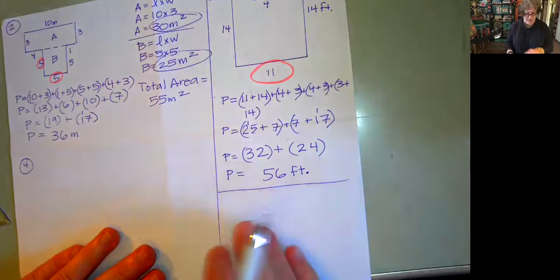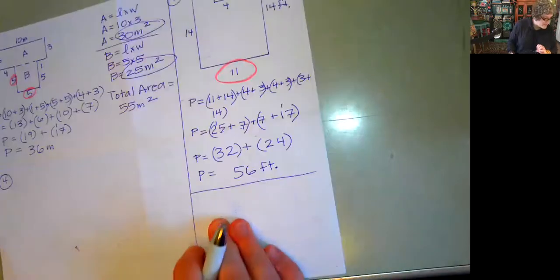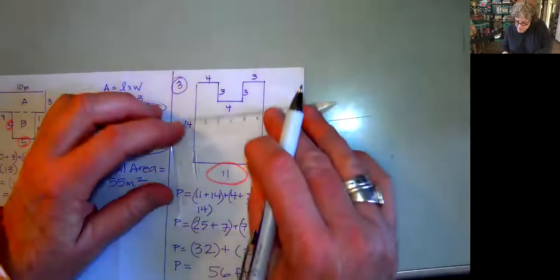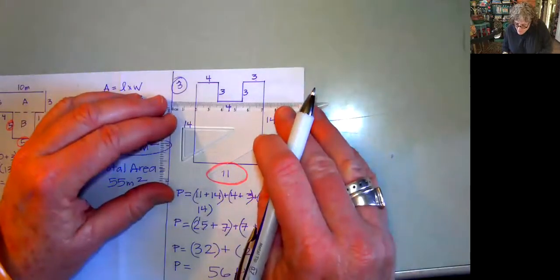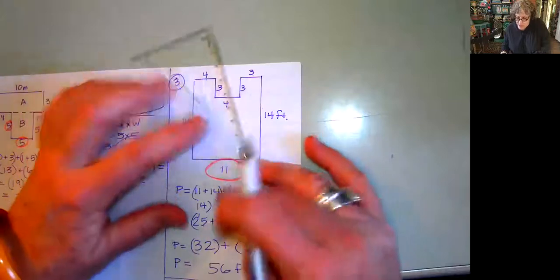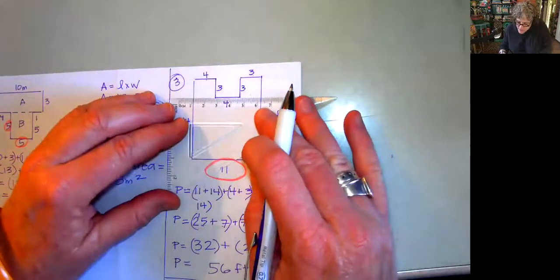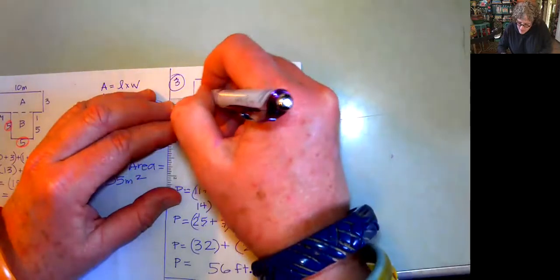Now we're going to find the area. Now this is going to be a little bit difficult because I've got 3, right? There's no way to really slice this to make it into 2. So I'm going to go across this way.